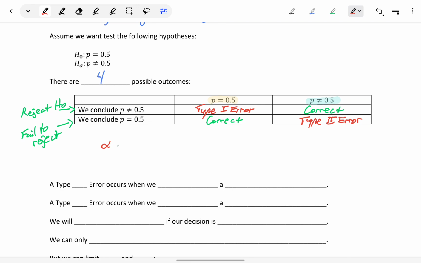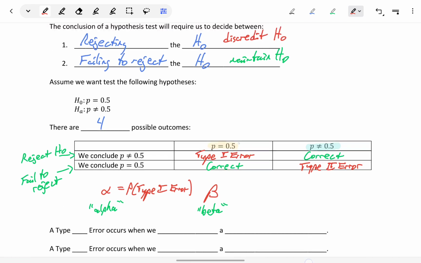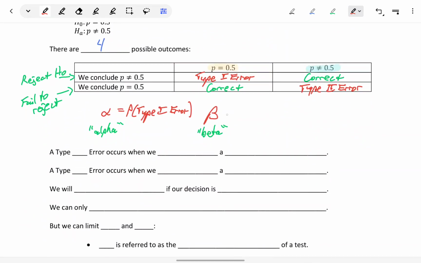We have 2 Greek letters, alpha and beta, which represent the probability of a type 1 error and the probability of a type 2 error, respectively.